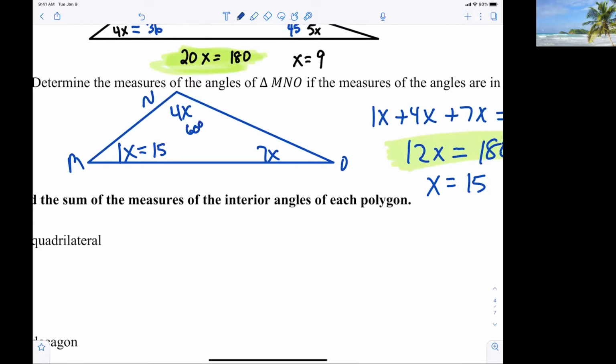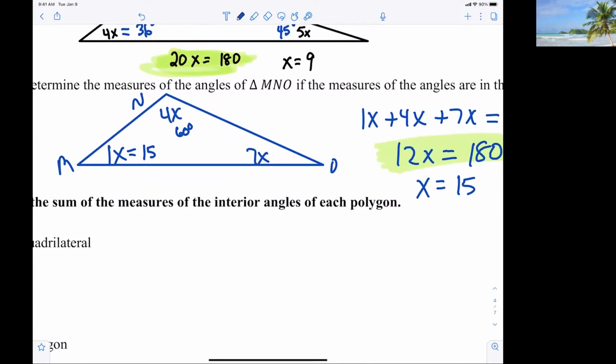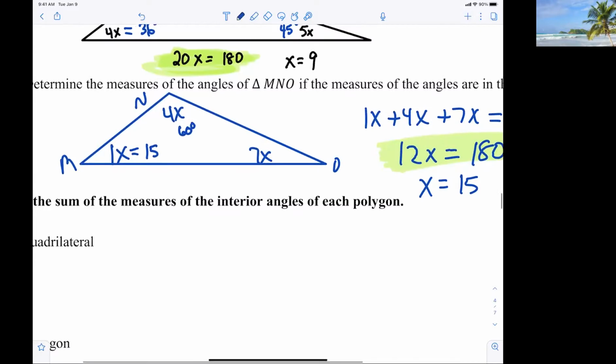And how much is it? 105. All right, that's not bad.